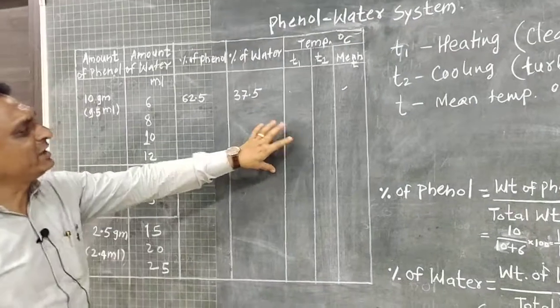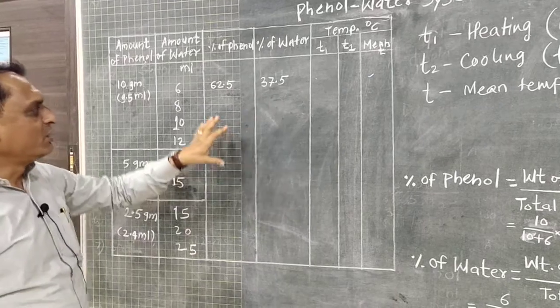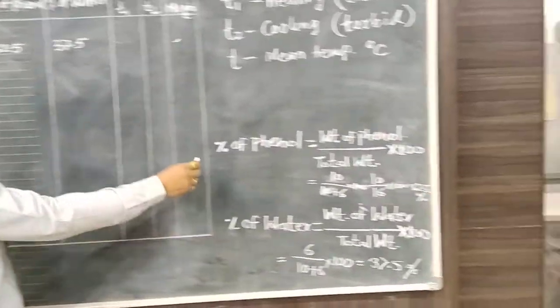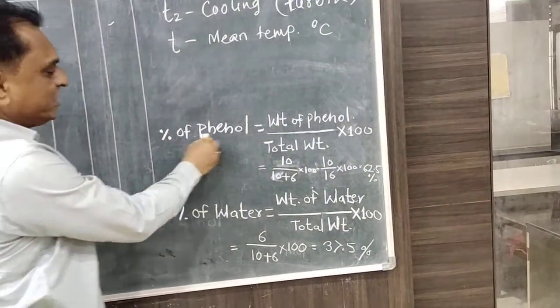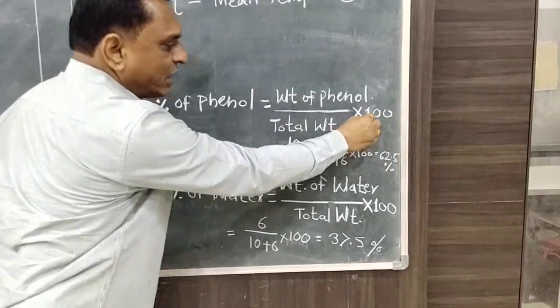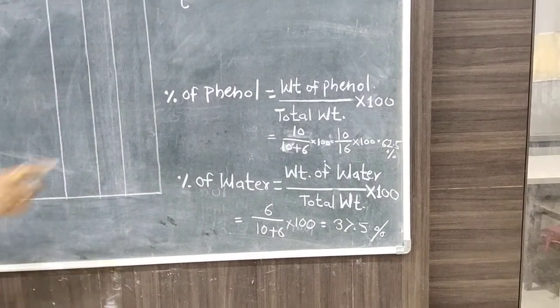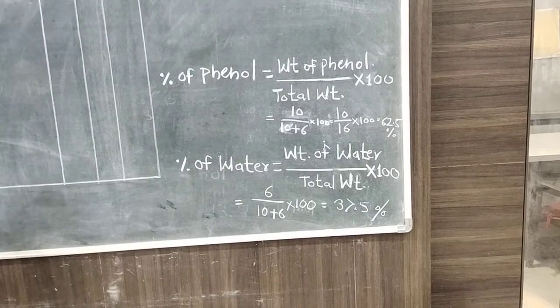Before that, we have to calculate the percentage of phenol and percentage of water. Percentage of phenol is calculated with the formula: percentage of phenol is equal to weight of phenol divided by total weight into 100. Here in the first reading, the weight of phenol is 10, and total weight means weight of phenol plus weight of water.